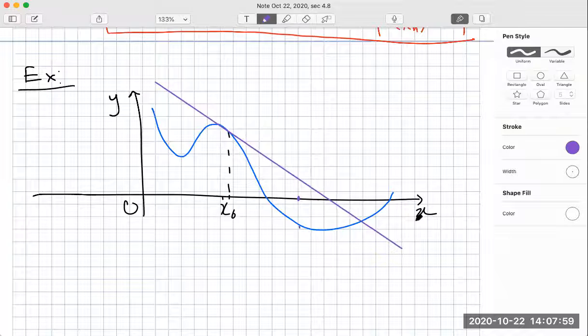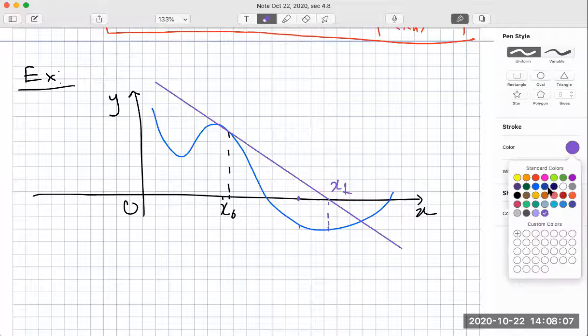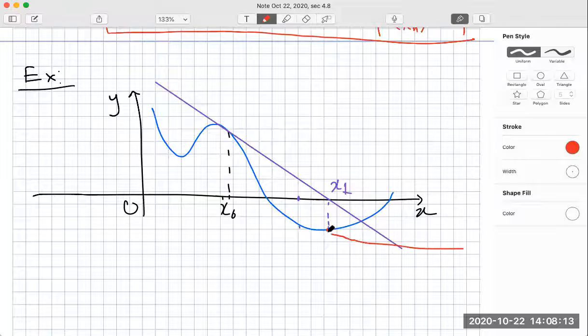Okay, suppose this is the tangent line of this. Then from this is x1, and here the tangent line of this point, suppose it is this line, okay?